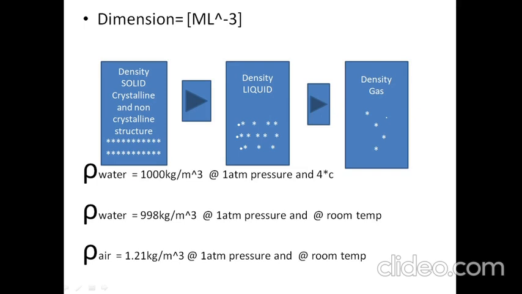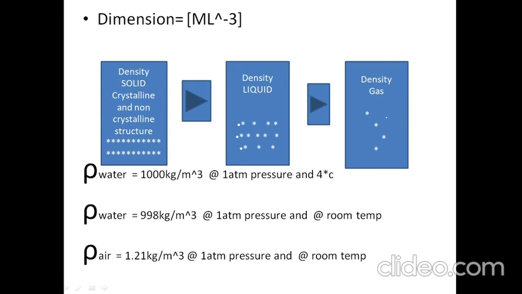Its dimension is ML to the power minus 3. Density of solid is more than the density of liquid, and density of liquid is more than the density of gas. Let us consider a container in which solid is filled. Solid is a closely packed crystalline or non-crystalline structure, and hence has more molecules inside the container.